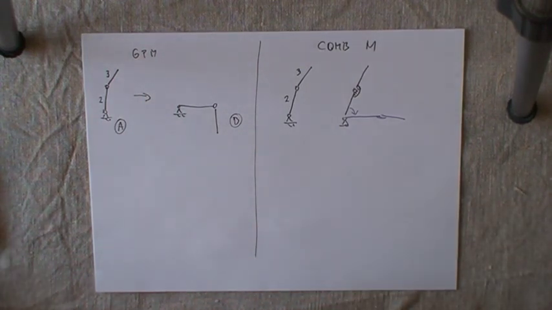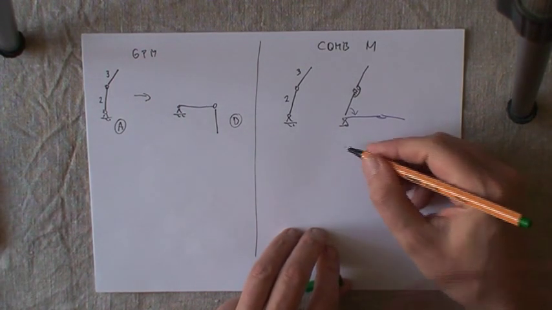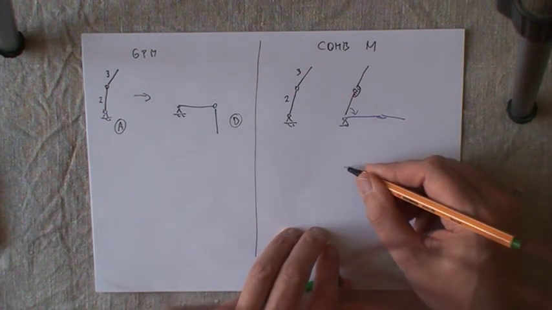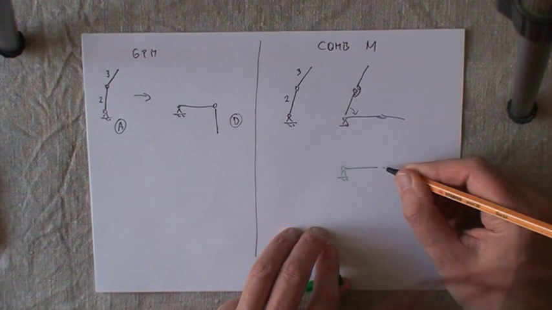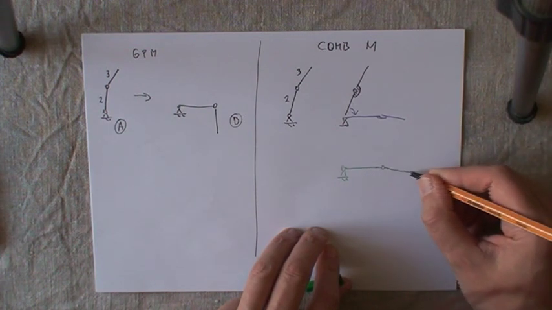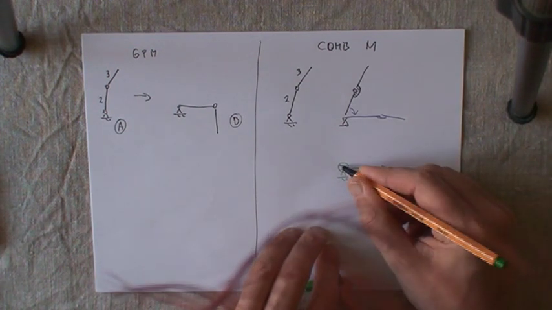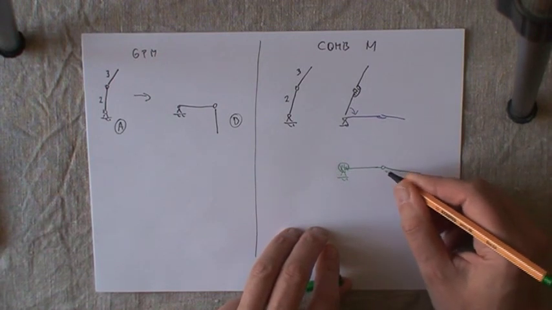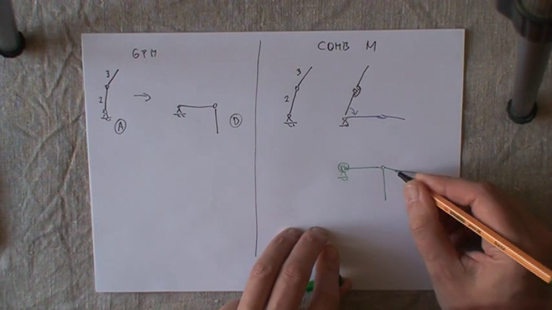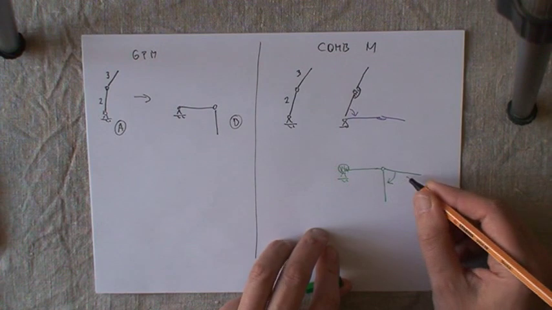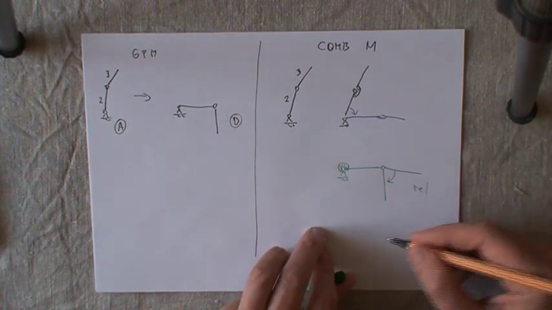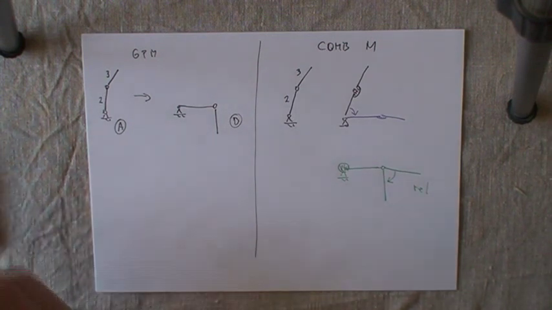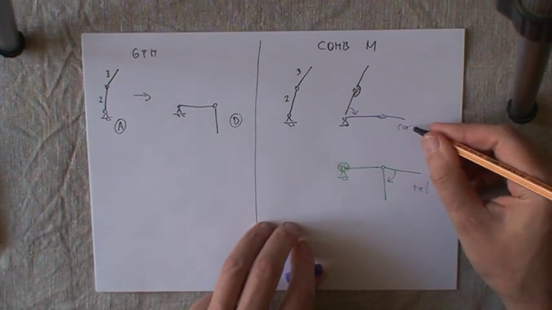Then we will have, let's draw it again, we will disable this link, and we will perform the relative motion. So this is relative motion, and this is the carrying motion.